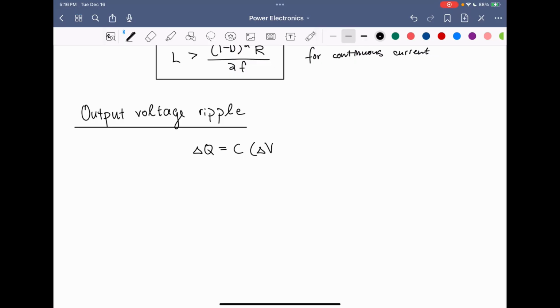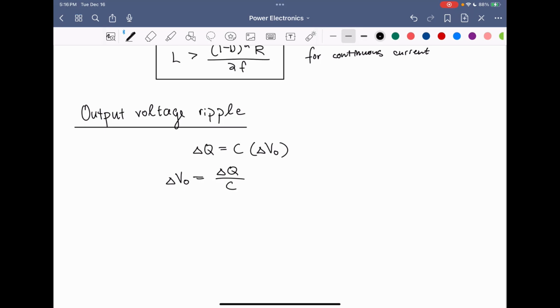In this case, the voltage across the capacitor is the output voltage VO. So the peak to peak output voltage is equal to delta Q, the change in charge stored on the capacitor, divided by the capacitance.